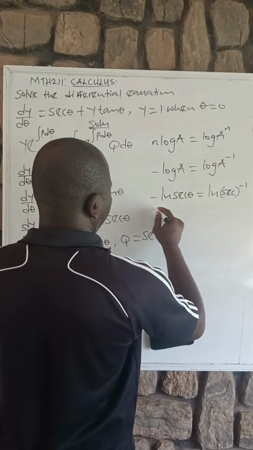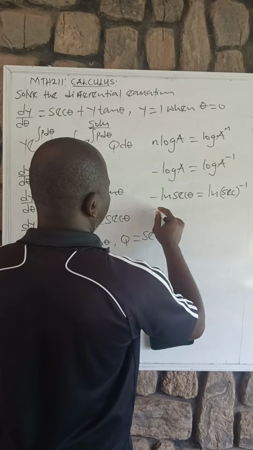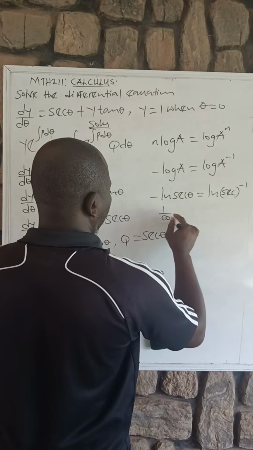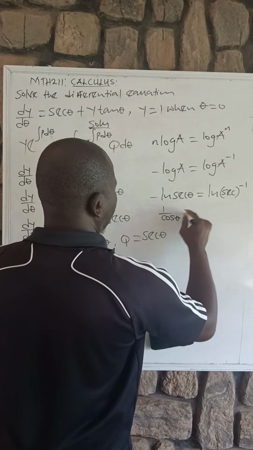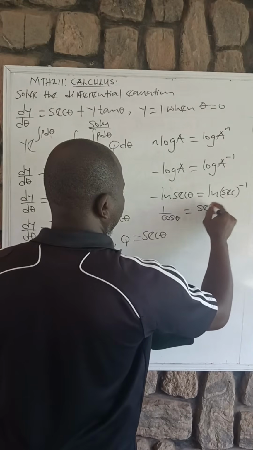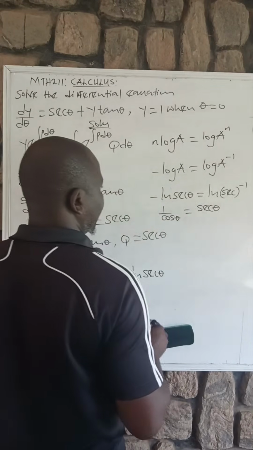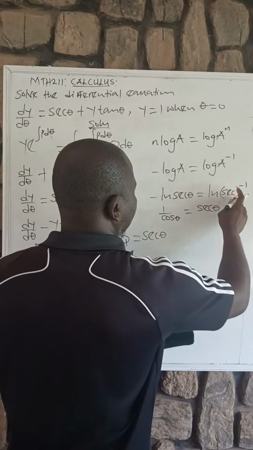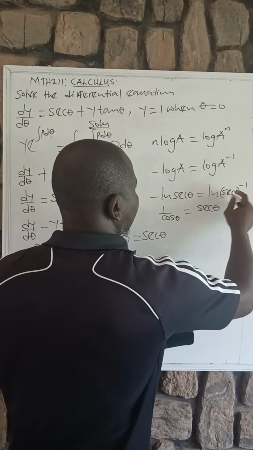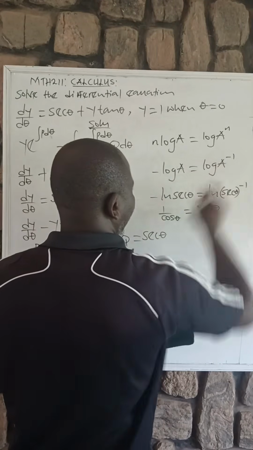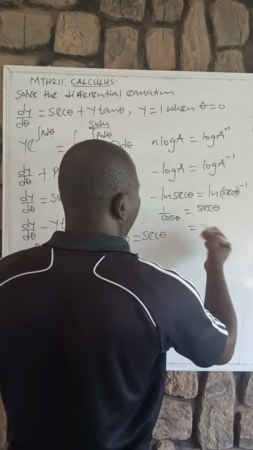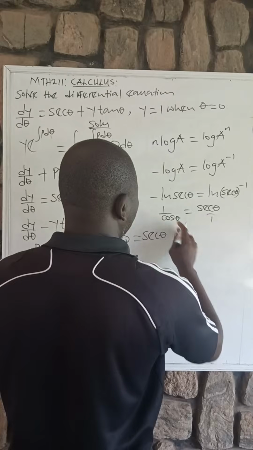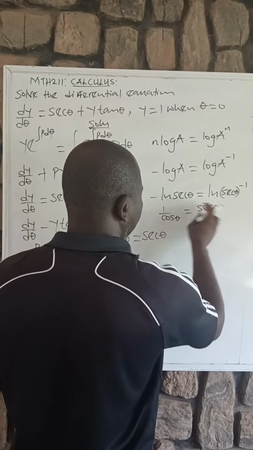When we have 1 all over cos theta, this is equal to what? Sec theta. So if now we have sec theta inverse, it means, when you cross multiply, this times this will make sec theta inverse.